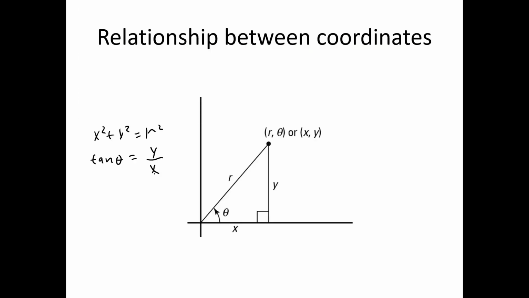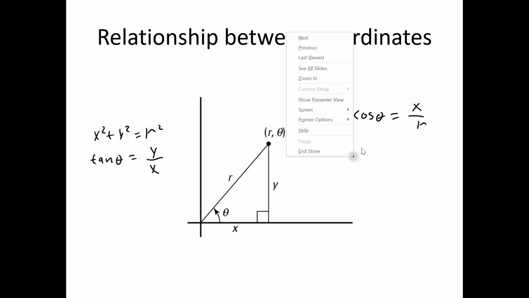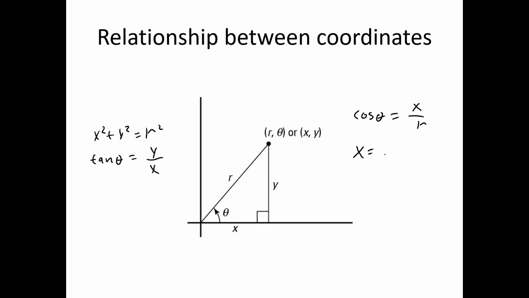Now, if we want to relate x to theta and r, we can use the cosine function. The cosine of theta is x over r, which gives me that x is equal to r cosine theta. And then using this triangle, we can see that the sine of theta is y over r.